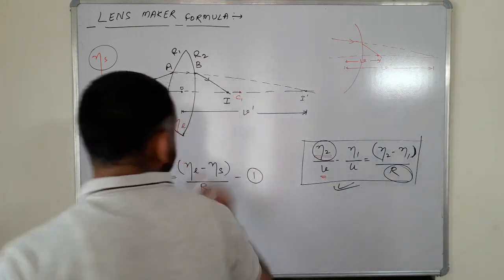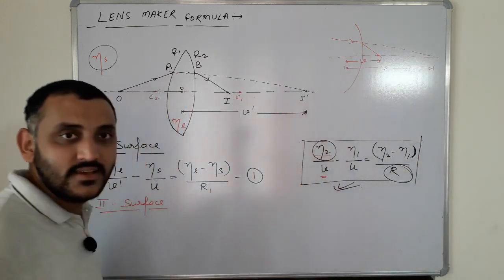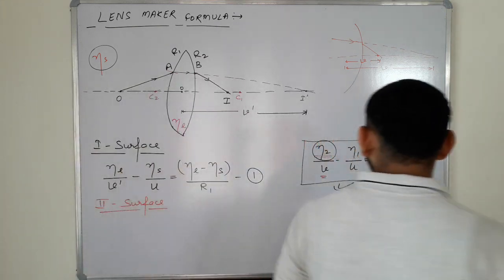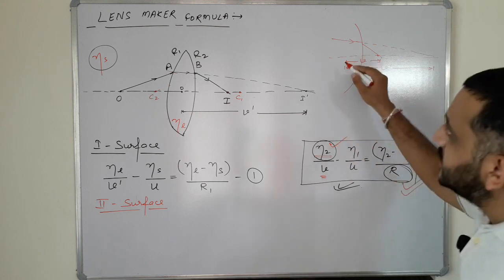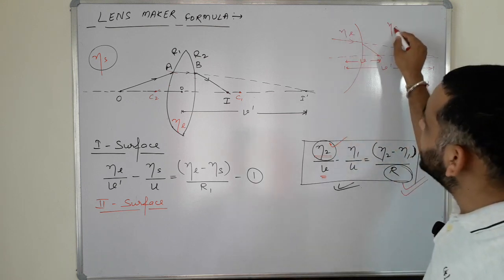Somewhat this kind of scenario is there. Now again we have to use this expression. η2 is the refractive index... see, this is ηL, this is ηs.